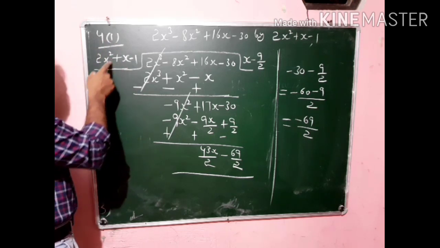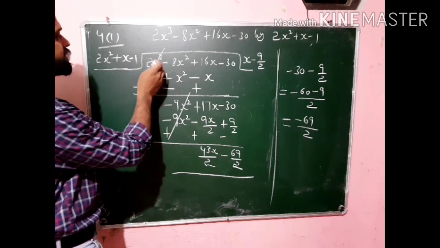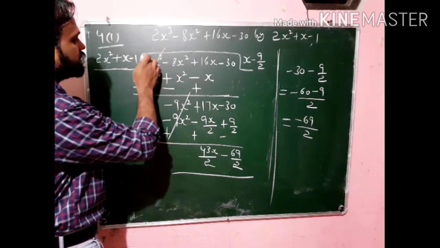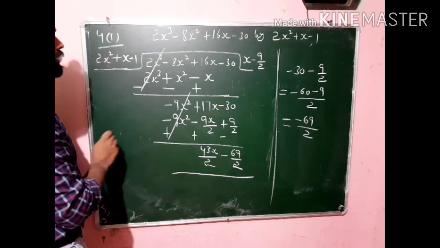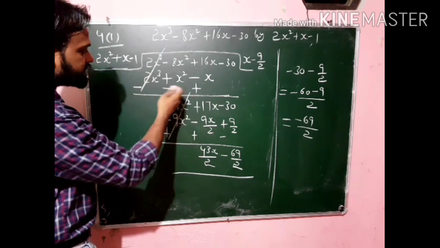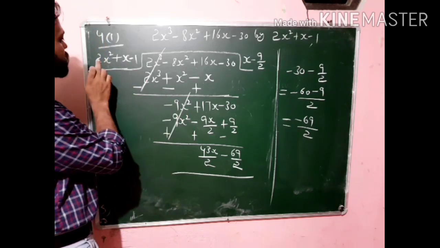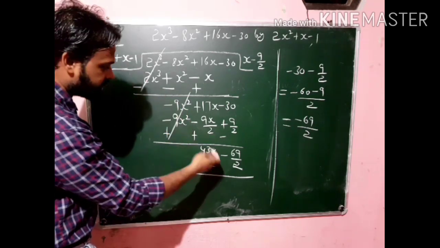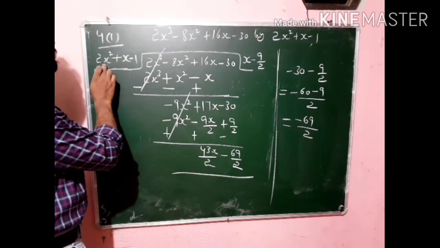Now you can see here the highest power of the divisor is 2, and in the first step the power of the dividend is 3, that is greater than the power of the divisor. And in the next step the power of the dividend is equal to the power of the divisor. Now in this case, the power of the dividend is less than the power of the divisor.